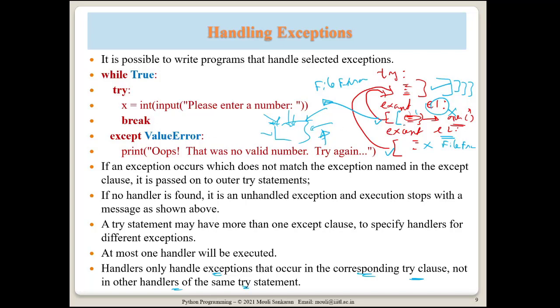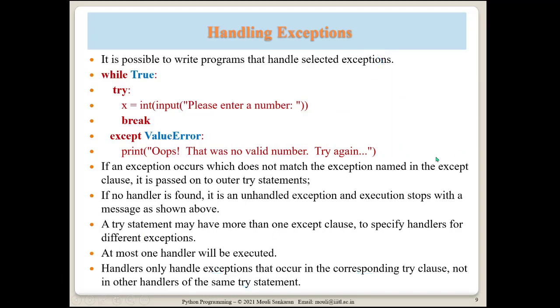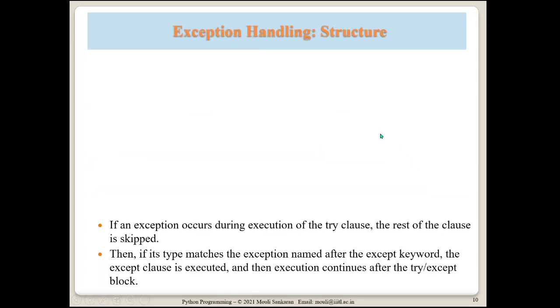That is similar to this. Do not do anything catastrophic in the exception handler itself, which will cause another exception that will not be caught by anybody. Even your own nearby exception handler cannot catch it, and it will come out and your whole program will stop. So you need to be very careful where the exceptions are happening and who is responsible for handling them. I hope this is clear.